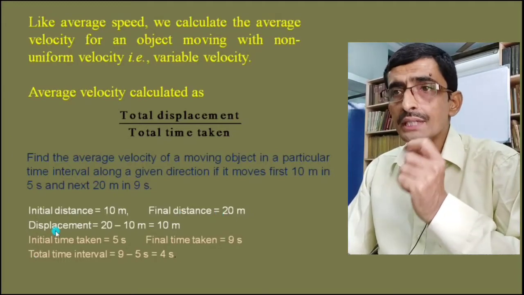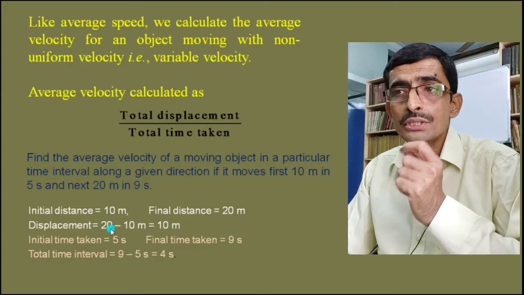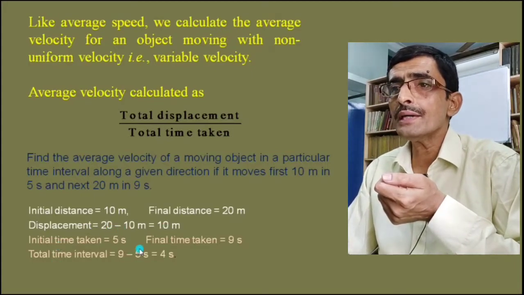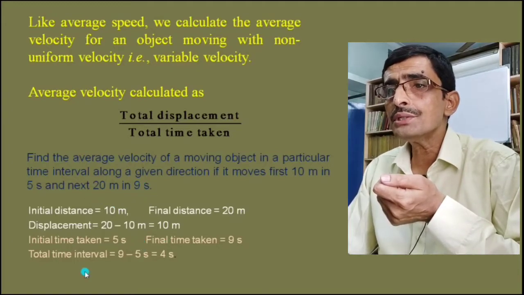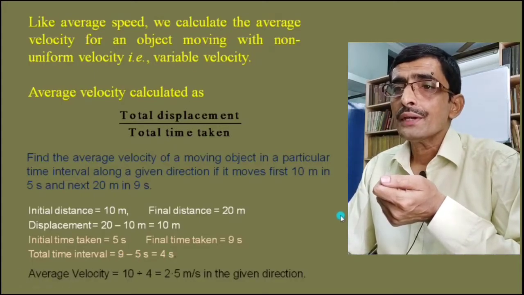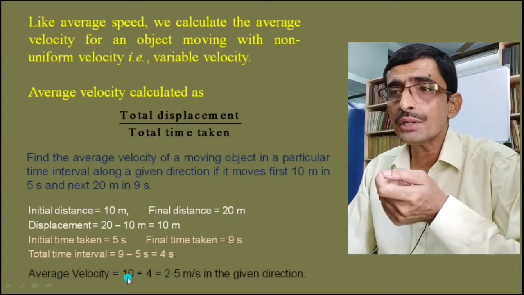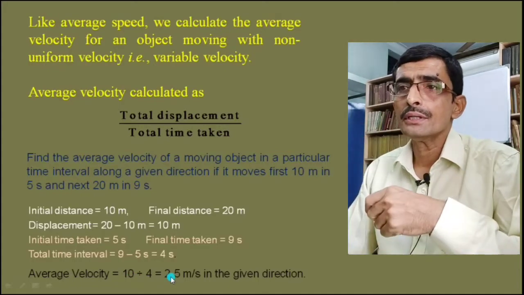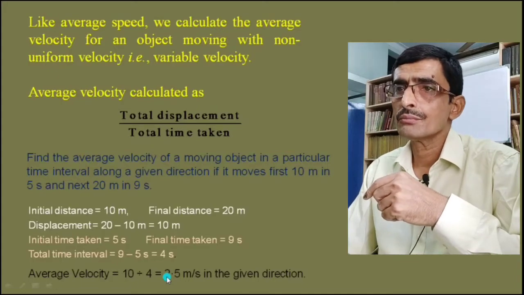Displacement therefore is 20 meter minus 10 meter, 10 meter. Initial time is 5 seconds and final time is 9 seconds. Therefore the time interval is 9 minus 5, 4 seconds. So average velocity is equal to 10 divided by 4, 2.5 meter per second in the given direction. This is the average velocity.